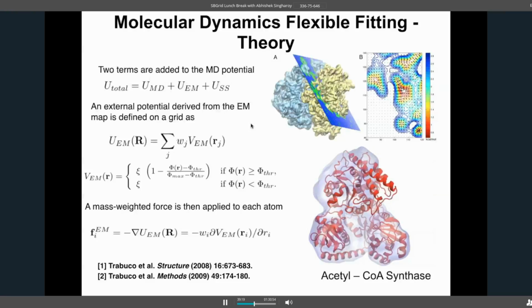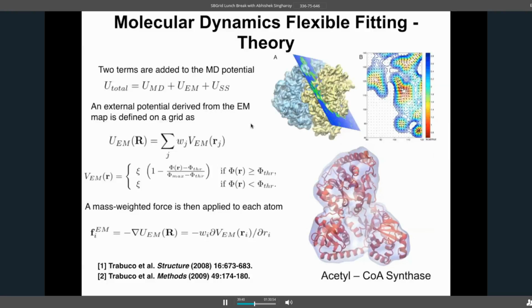So that takes us to the next step, which is this idea of molecular dynamics flexible fitting. Normally, what we have is data in the form of electron density, data in the form of an envelope. What one can do is use these electron densities that, for example, come from X-ray crystallography or from cryo-EM, and then construct a potential.